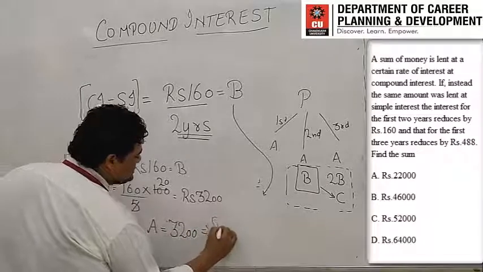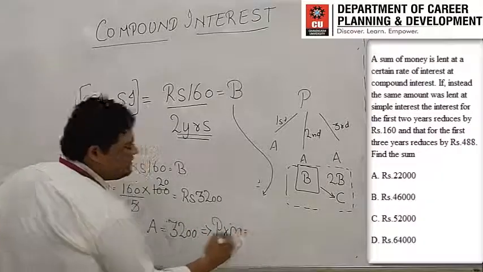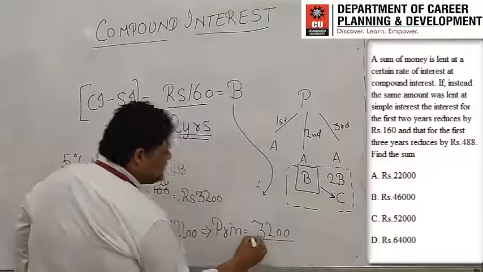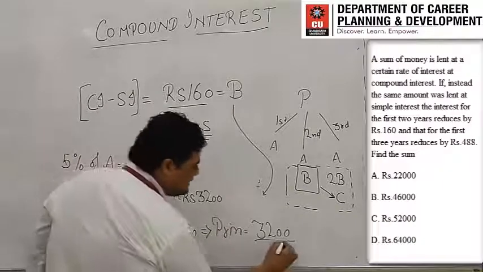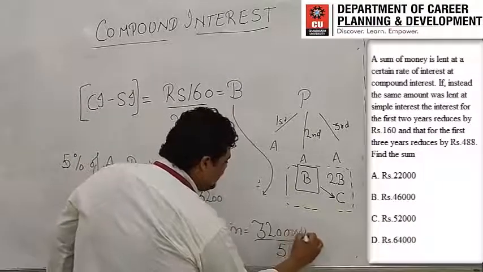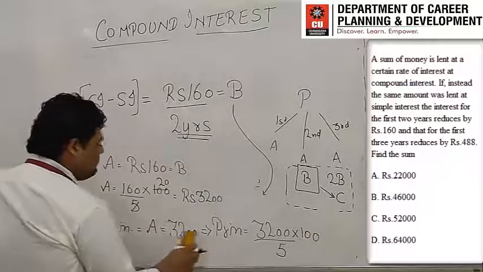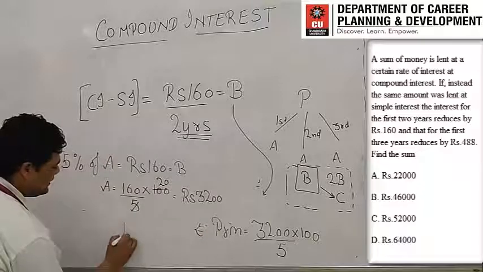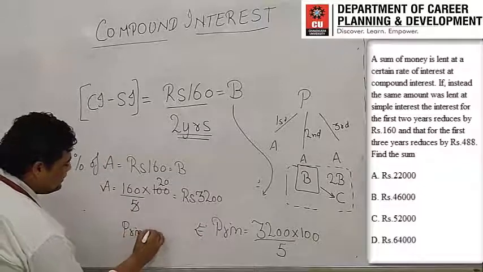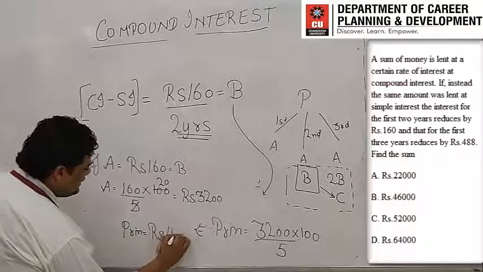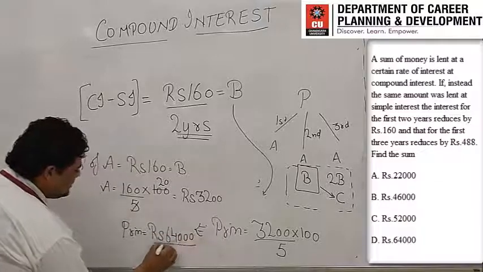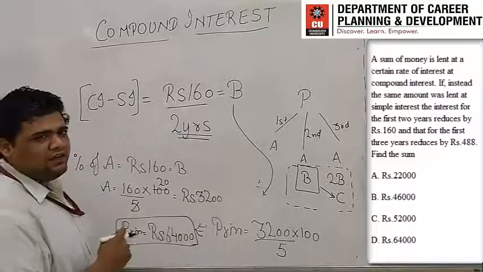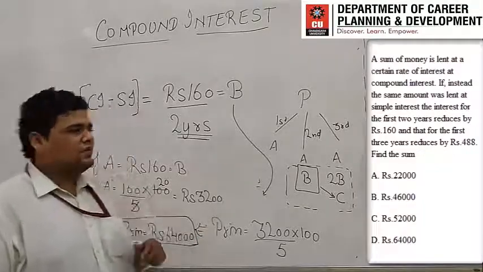Principal will be 3200 divided by 5, multiplied by 100. The principal comes out to be rupees 64,000. In this way, we use our tree approach in the questions.